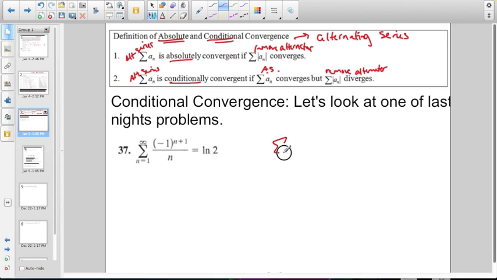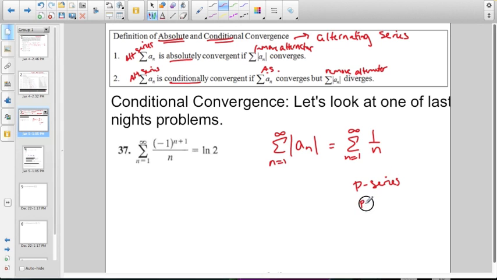So we're going to take a look at the series of the absolute value, in other words, without the alternator, the absolute value of a sub n. So for this particular problem, we're looking at 1 over n. And so if we look at this particularly, then this is a p-series.